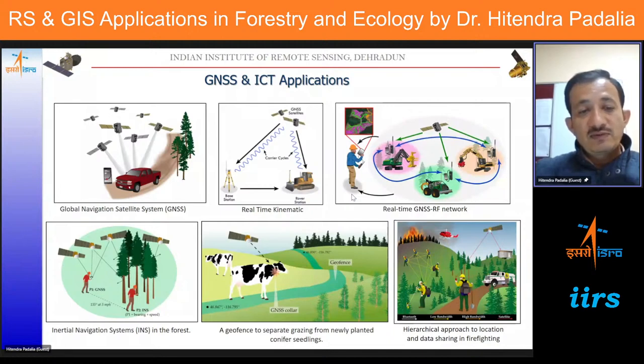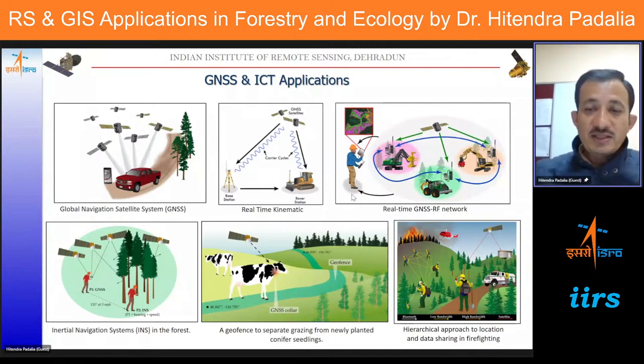Similarly, if you have to navigate under the forest canopy, you can use an inertial navigation system plus GPS, because under dense canopy you have a problem accessing the satellite signal. So this type of integration of technology can provide navigation under the canopy also.